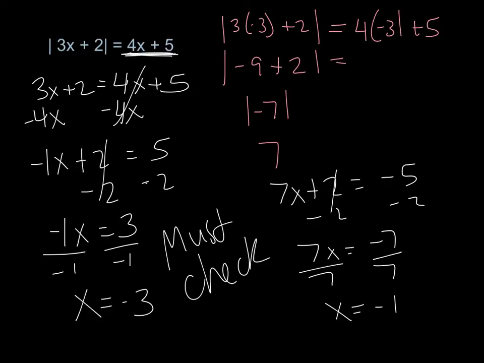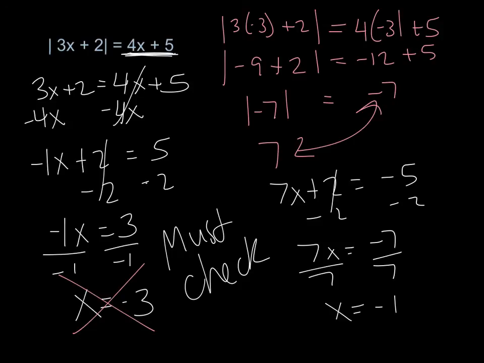On the other side, I'm going to do 4 times negative 3, which is negative 12. And negative 12 plus 5 is negative 7. And there's no absolute value, and these are what I need to compare. And notice that 7 and negative 7 are not the same. So negative 3 plugged in there is not a solution.